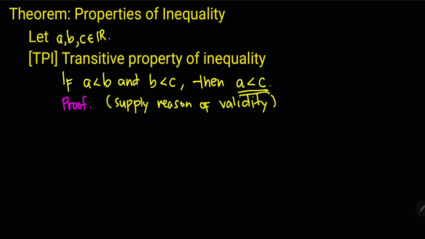Following the definition of the order relation less than, this is equivalently saying that C minus A is positive. So if we want to show that A is less than C, we must be able to show that C minus A is positive.